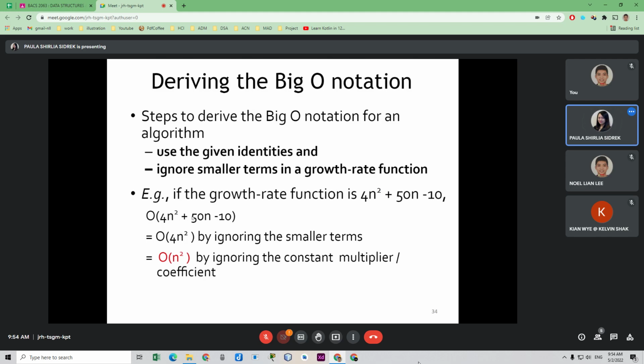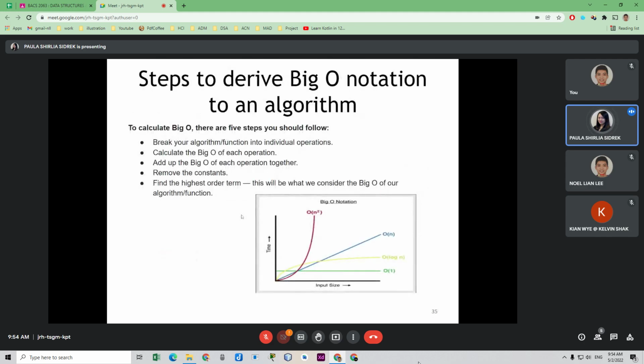Therefore, you eliminate what is insignificant, which is constant, and therefore you identify the positive growth rate function of this and put it into this bracket, because this is how you represent O notation. And again, over here you have to eliminate the constant multiply. So that is how you got that big O notation.